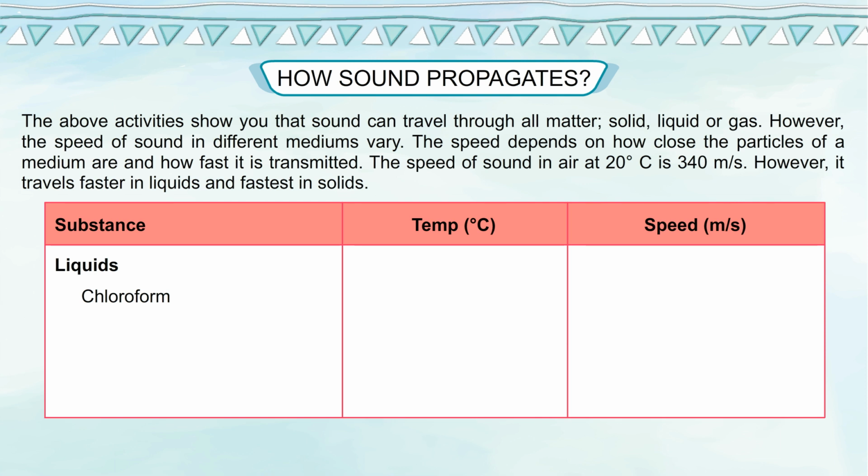Liquids: chloroform, 20, 1004. Ethanol, 20, 1162. Mercury, 20, 1450. Water, 20, 1482. Solids: lead, 1960. Copper, 5010. Glass, 5640. Steel, 5960.